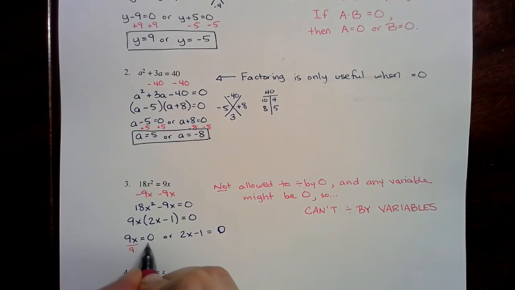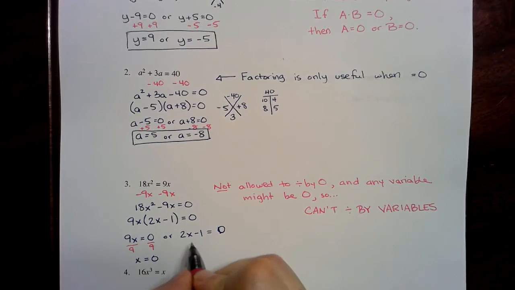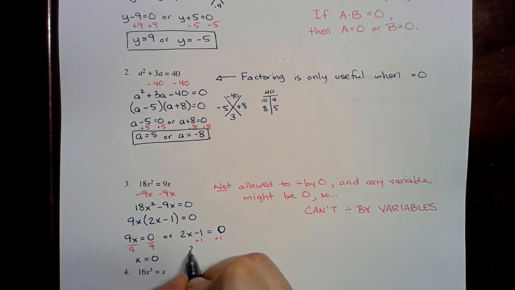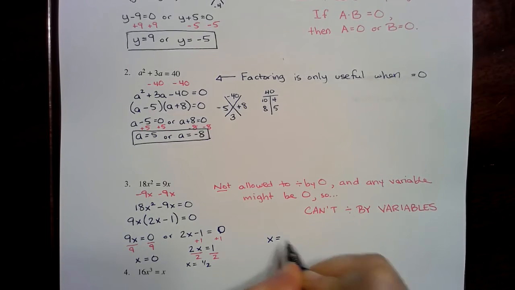So here I'll divide by 9 and find that x equals 0. Here I'll add 1 and then divide by 2. So I'll find that x is 0 or a half.